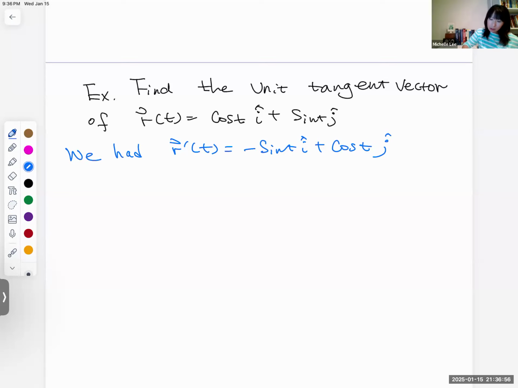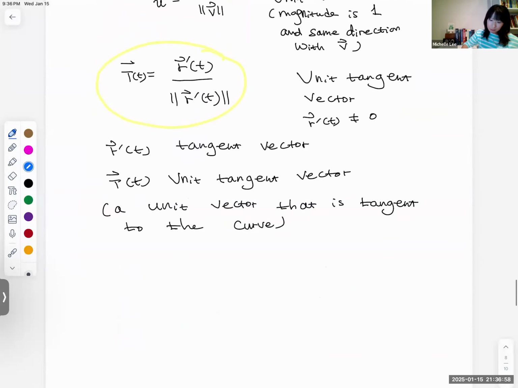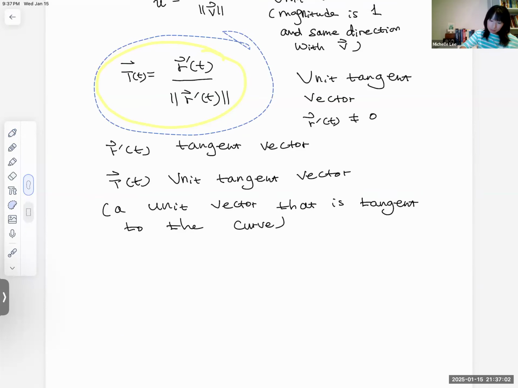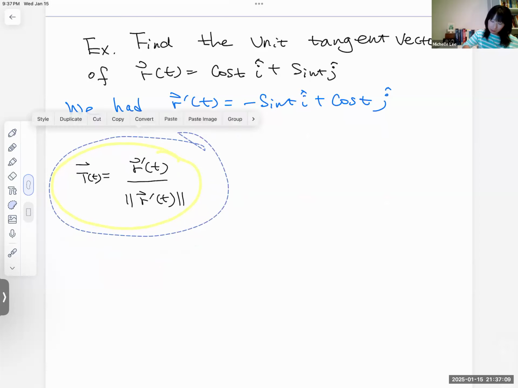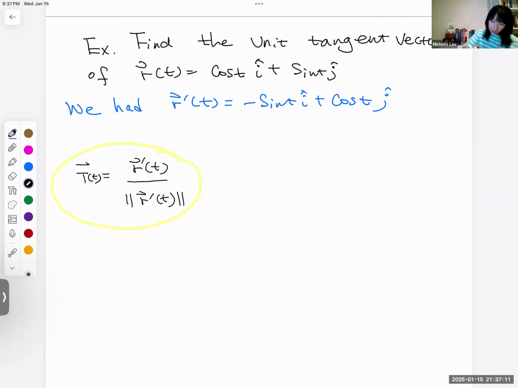Now we need that, right? Copy. So that will be negative sine t i hat plus cosine t j hat, and the magnitude of r prime of t.